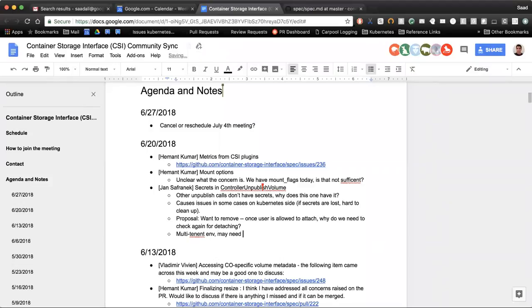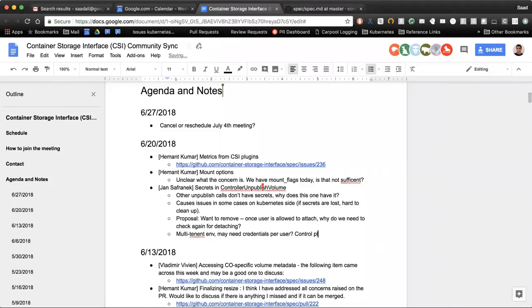If it's single tenant, then it's easy to have a single set of credentials for that kind of operation. But in a multi-tenant environment, you actually need credentials to tell GCP, go detach this thing from that thing. And these kinds of credentials you have in the driver, you don't get them from the CO. Right.